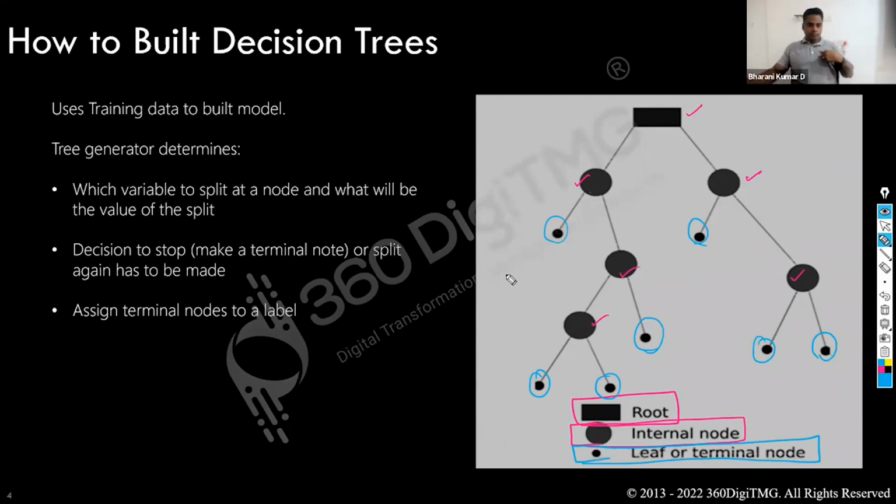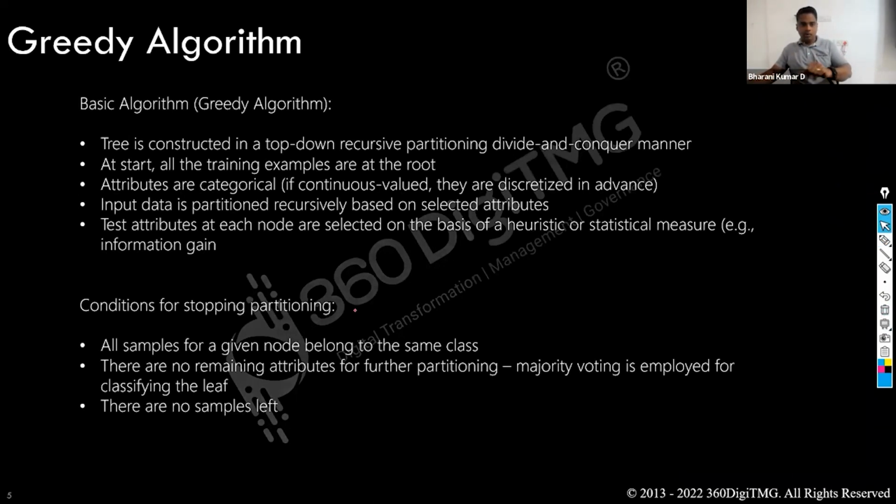Okay, now we are going to talk about a specific algorithm called the greedy algorithm, which will also have certain stopping or partitioning conditions. I told you the decision tree keeps splitting, but to what extent will you split? When will you stop? That is something we need to understand.